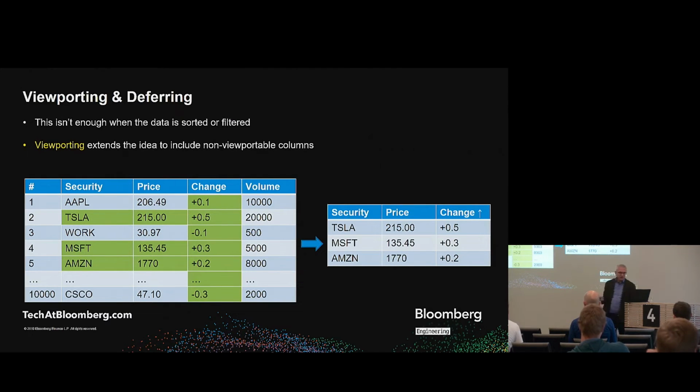However, what happens if we sort the change column over here? We only need these 3 security and price rows, but knowing which 3 rows we need depends on us evaluating the entire sorted column. So we have this concept not only of windowing rows, but actually having non-viewport columns.